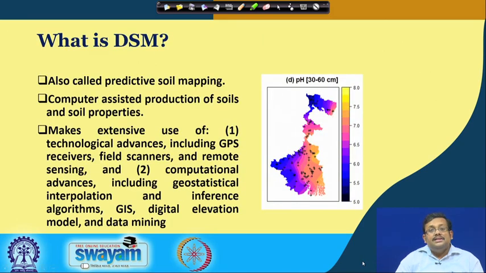Now, what is digital soil mapping? Well, another name of digital soil mapping is predictive soil mapping, and it is basically a computer assisted production of soil and soil properties.